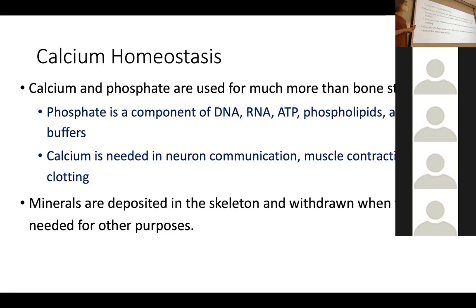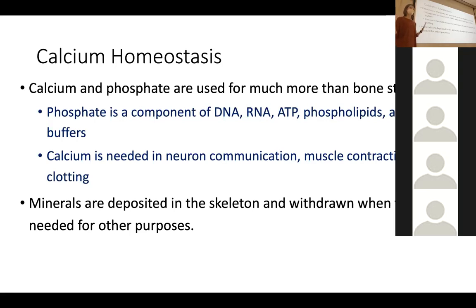So phosphate in particular is a component of a lot of extremely important molecules in your body, including DNA and RNA. ATP, which is the energy fuel source for cells. It has 3 phosphates on it, triphosphate.